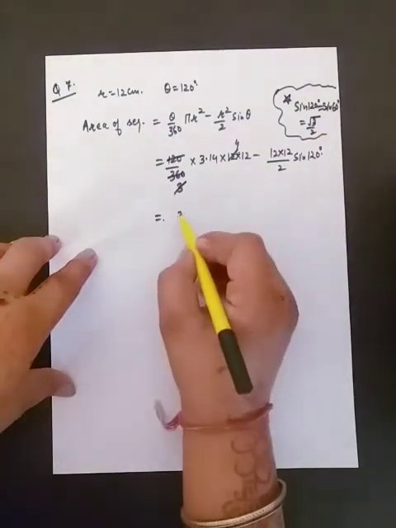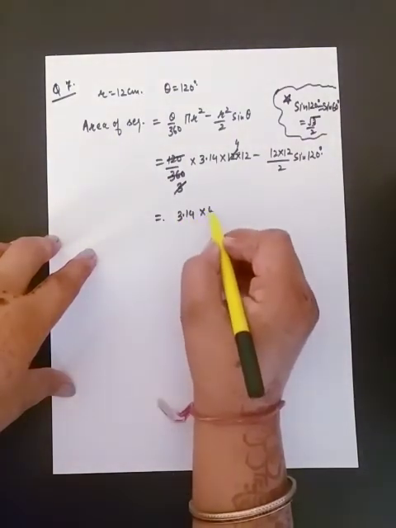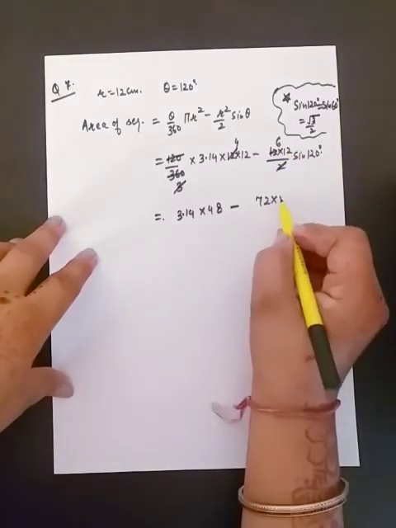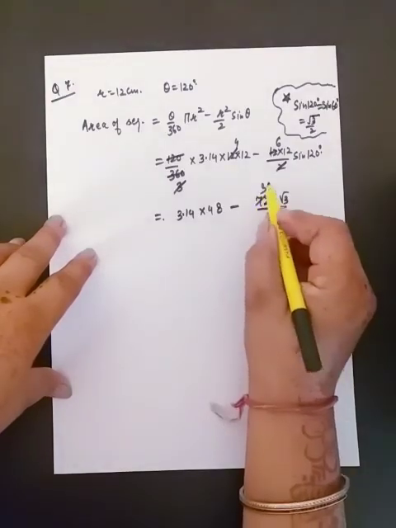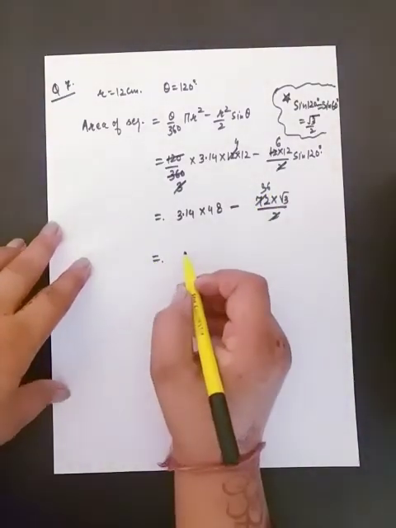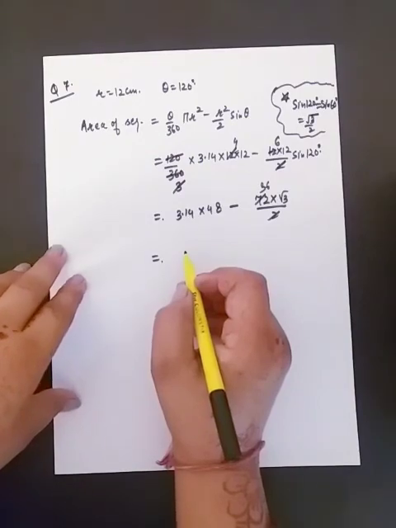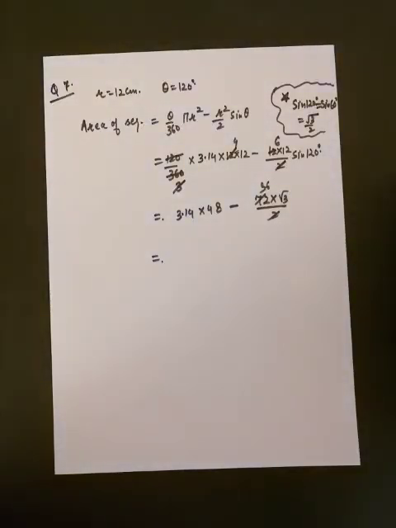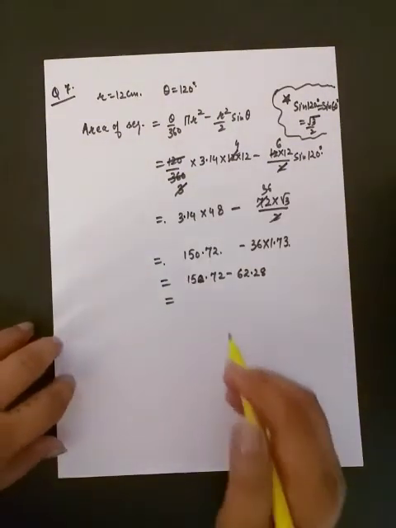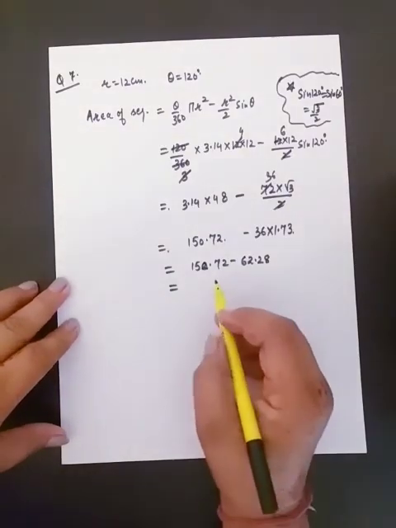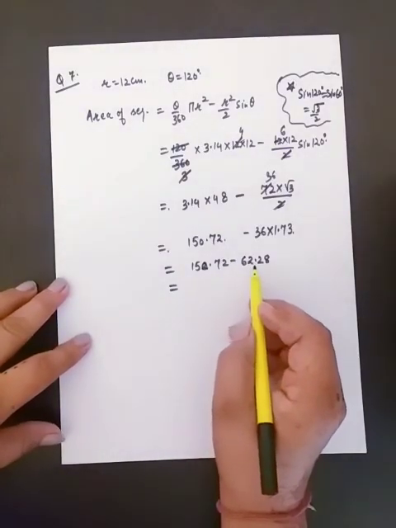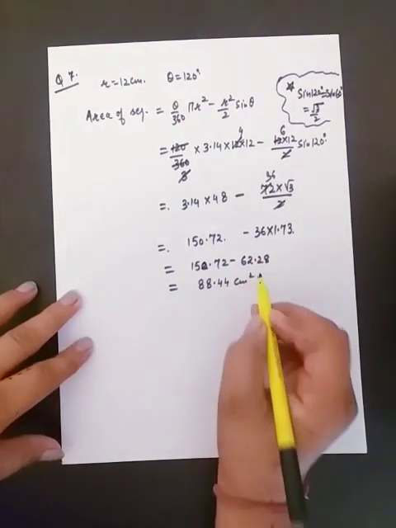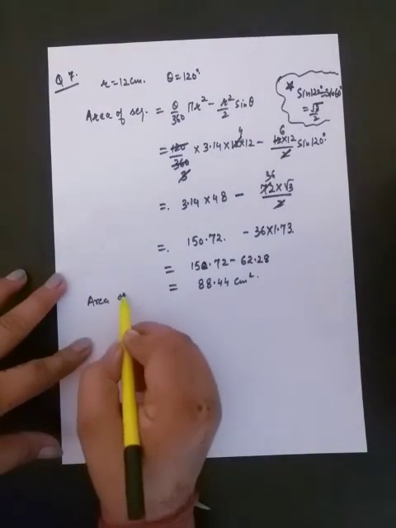So we can multiply it. 72 into under root 3 by 2. Value for root 3 is given to us and we can find the value of this one part by multiplying these. So the area for the segment will be 150.72 minus 62.28. It will be 88.44 centimeter square. So this is the area of segment.